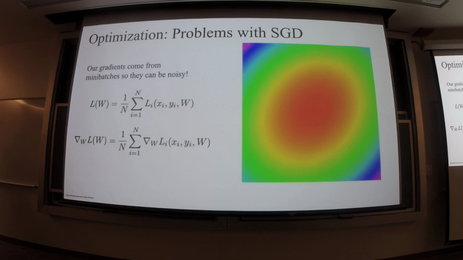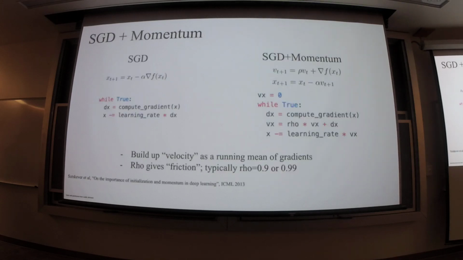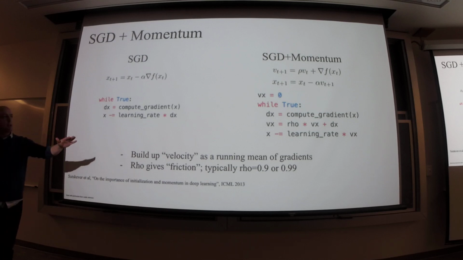Also, our gradients are computed on mini batches. They're noisy. That's actually a regularization, so that's good, but it can make it hard to optimize as well. So there's a very simple thing you should basically always do in training: not use just plain vanilla stochastic gradient descent, but add this momentum term.